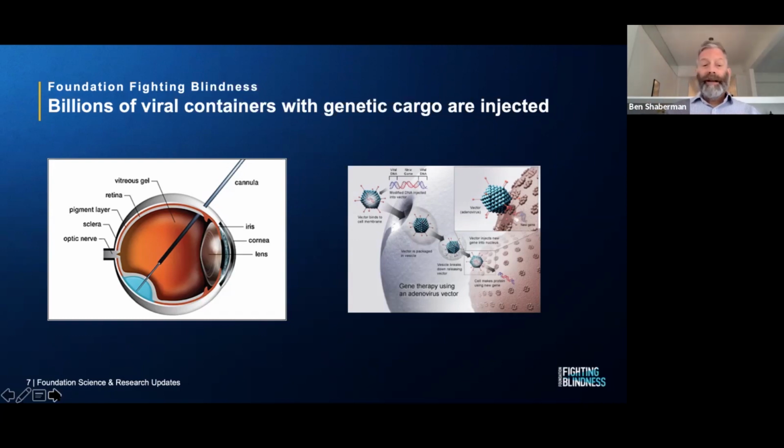And that's an invasive process for what's already a fragile piece of tissue, and even more fragile if it's affected by a retinal disease. On the right side of this slide, I have a cartoon of one of those viral containers getting into or penetrating a retinal cell to deliver that therapeutic cargo, that gene.